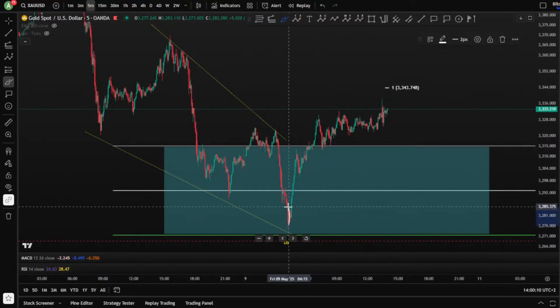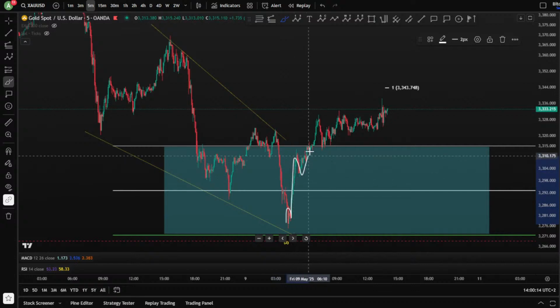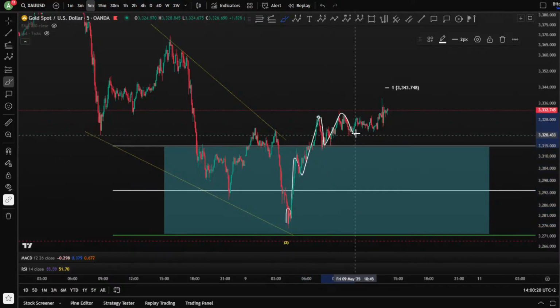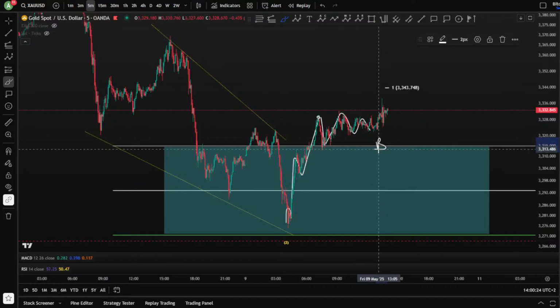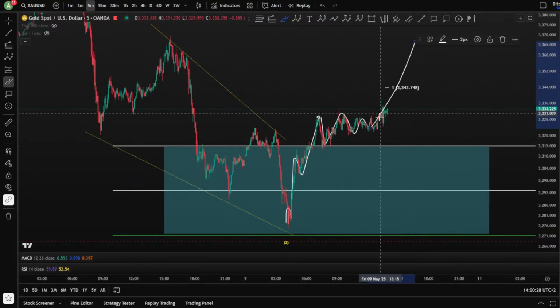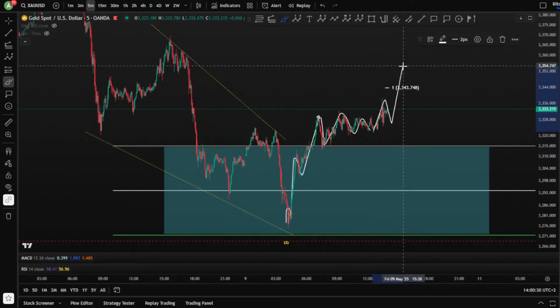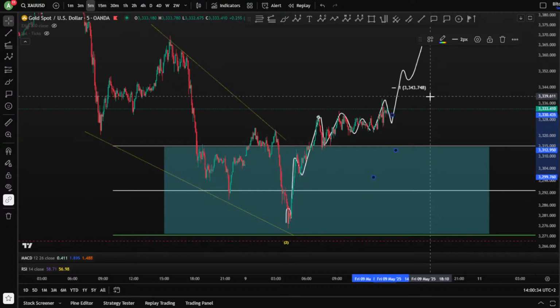It means that you have to shift this very small 1, 2, 3, 4, and a 5 as a finished impulse, A, B, C, D, and an E running triangle for a wave B, not allowed to be a wave 2. You are looking for a wave C, starting an impulse in 1, 2, 3, 4, and a 5 once you break this 1-to-1 fib level.